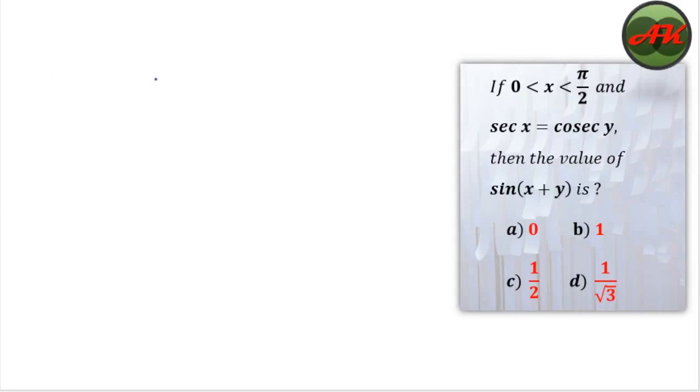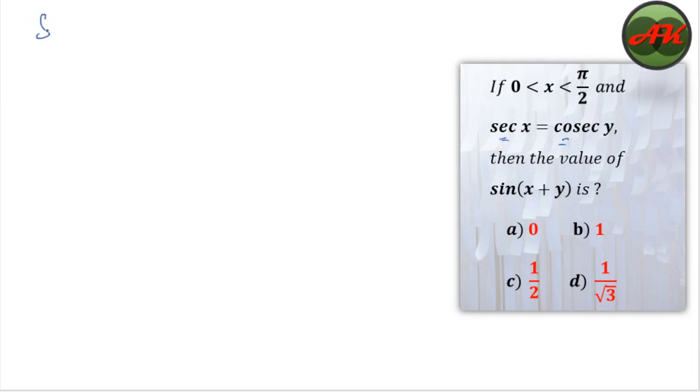Now the next problem. If 0 is less than x and x is less than pi by 2. Pi by 2 means nothing but 90 degree, and they have given the question secant x is equal to cosecant y. Then the value of sine of x plus y. Okay, we know that secant is complementary to cosecant, right?